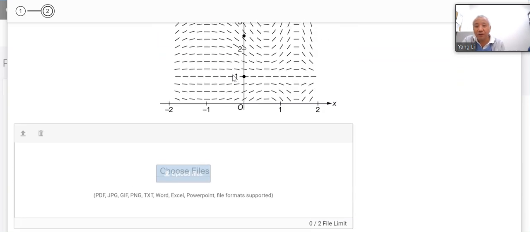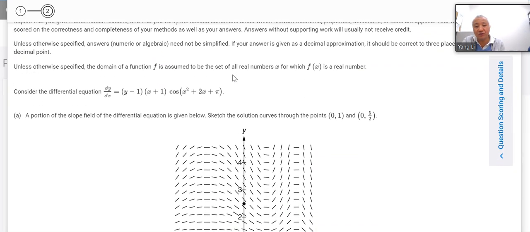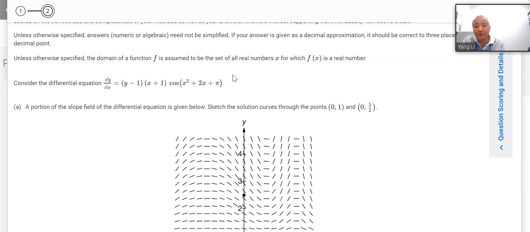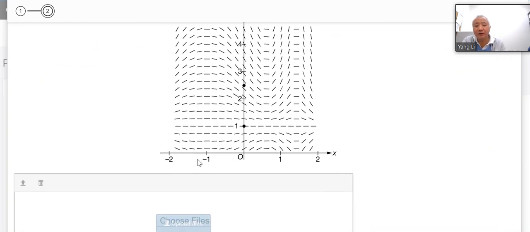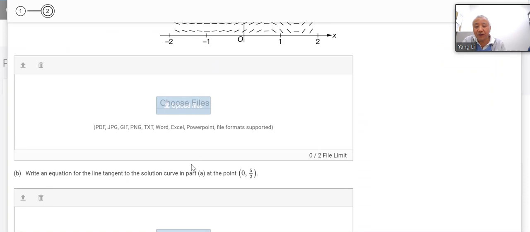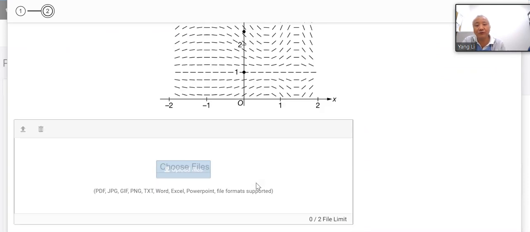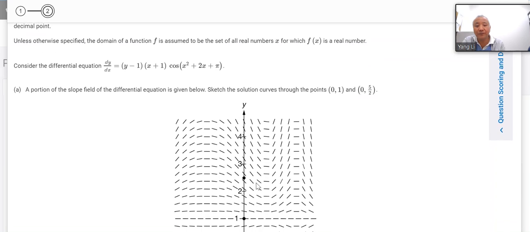Because they gave you the differential equation, that's the one we're going to use. Just be careful what they ask for: the tangent line passing through this point, 0 and 5/2, right?